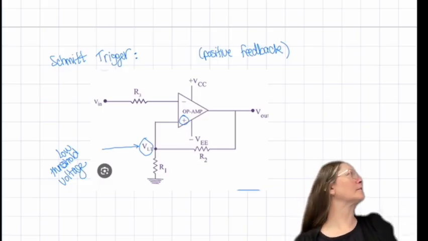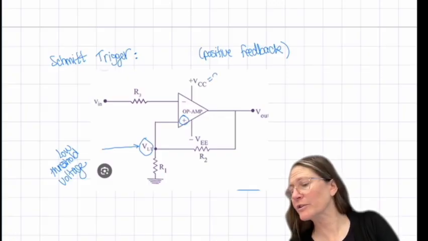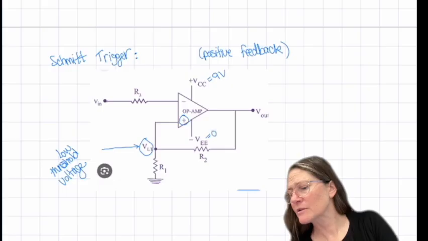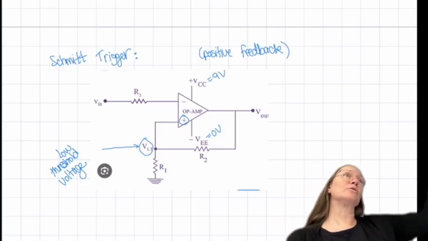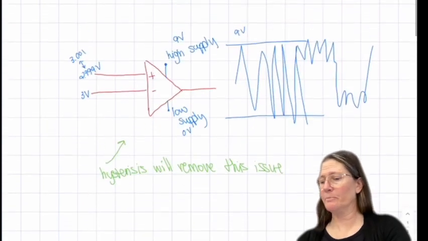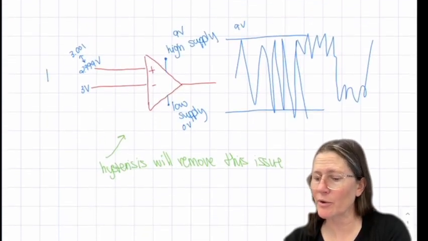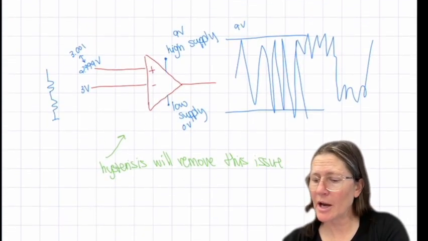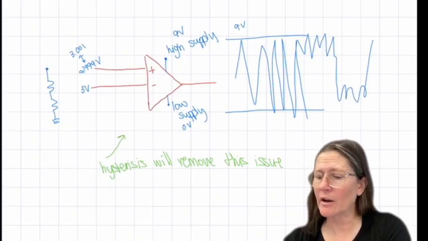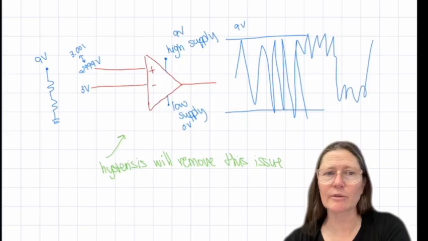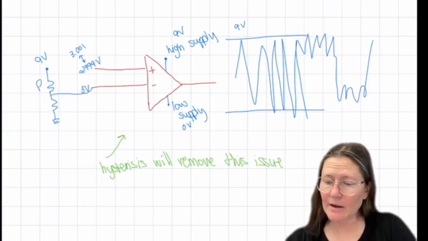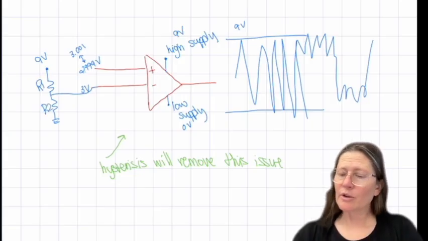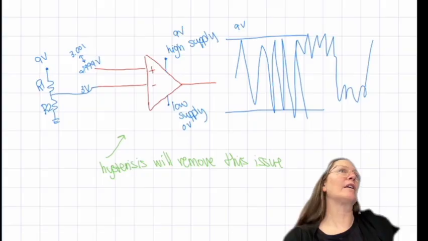So if this is 9 volts and this is 0 volts, it will do your divider like you would normally do on the other comparator. So here we would set this to 3 volts, typically by a voltage divider using whatever high voltage value we're going to use. So 9 volts, you would feed that in there and set R1 and R2 so that 3 volts would be on that line.